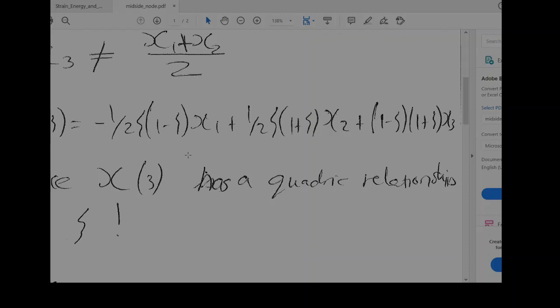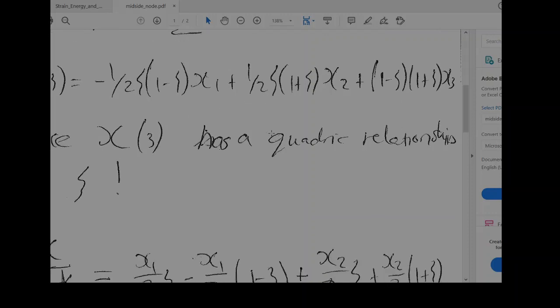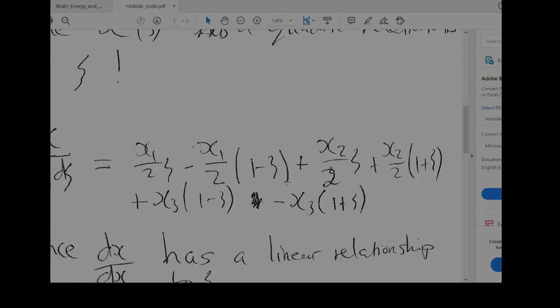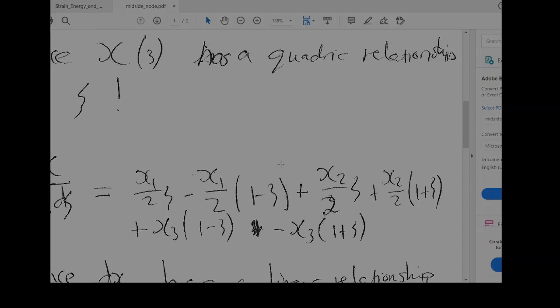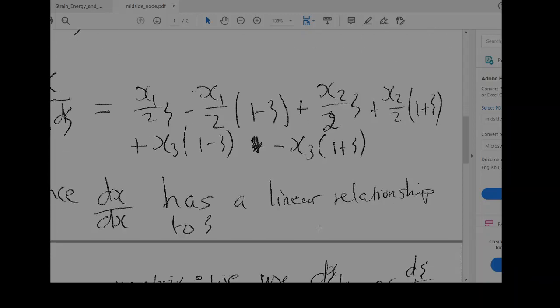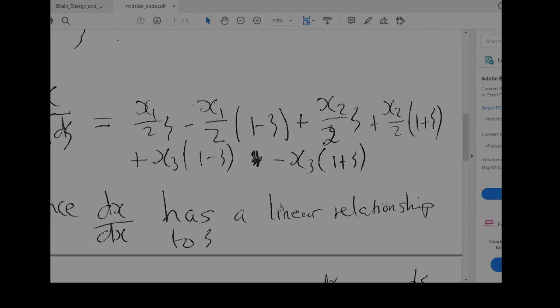And if x3 is not in the middle, we just keep on working out the derivative of x with psi, with x3 now as its own value, we see that the relationship, the dx d psi relationship, is linear.